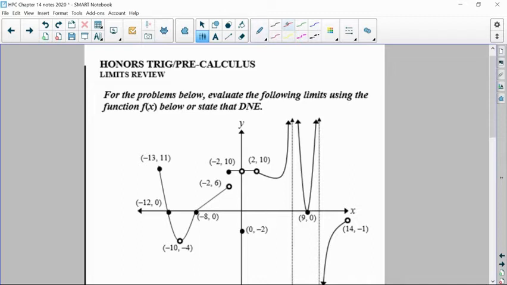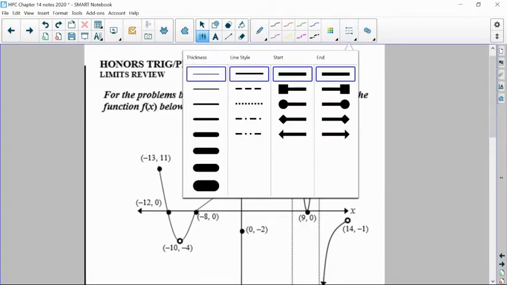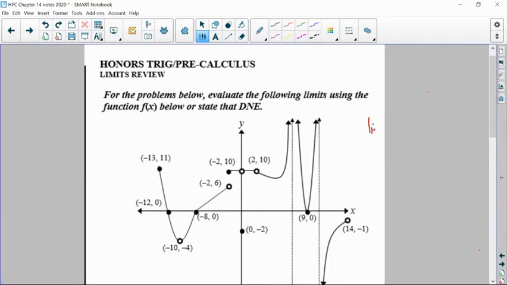And remember, I'm saying it, and maybe I should even write this down. Remember, a limit, it's the y behavior, and it's near the x value in question, or near the x value you are approaching.